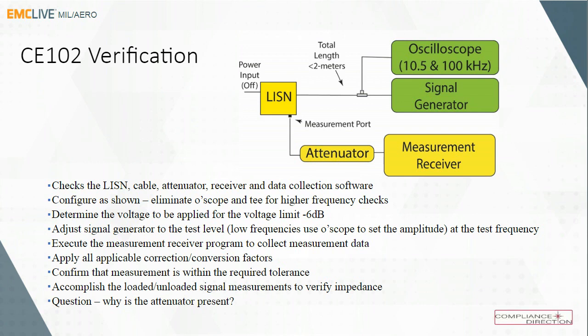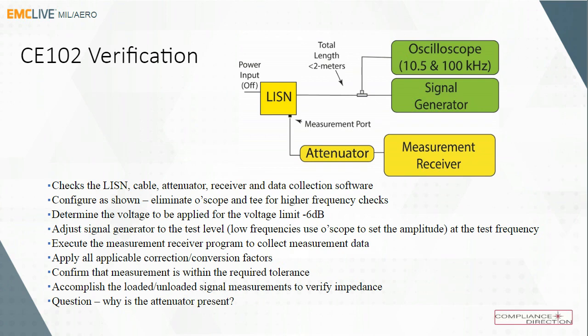We determine the voltage limit minus 6 dB and adjust the generator to that level, remembering to use the oscilloscope to set the amplitude at the lower frequencies. Execute the measurement software, apply the applicable corrections and conversions, and confirm the measurement is within the limit. And then we need to do a second step.